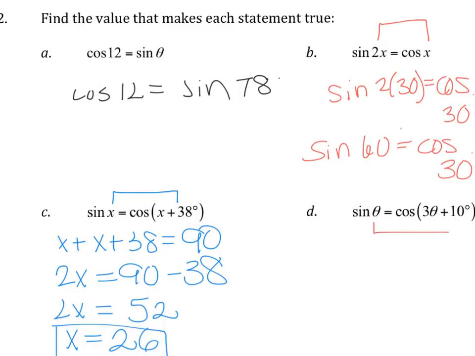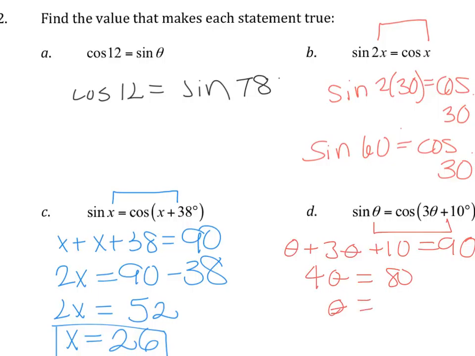Okay, again, the two angles, their sum has to equal 90. Theta is our variable that we'll be solving for. So the sum of the two is equal to 90. So we get 4 theta is equal to 90 minus 10, which is 80. Divide out the 4, and theta is equal to 20. Go back and substitute in.